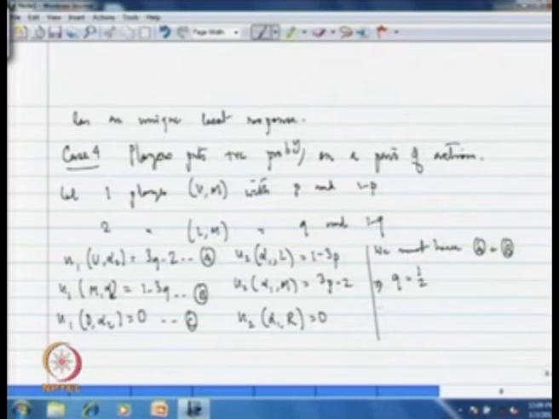This implies q is equal to half, which means that u1 u alpha 2 is equal to three by 2 minus 2, which is minus half, and which is less than u1 t alpha 2, which is a contradiction.